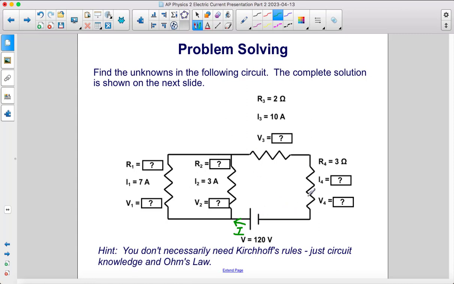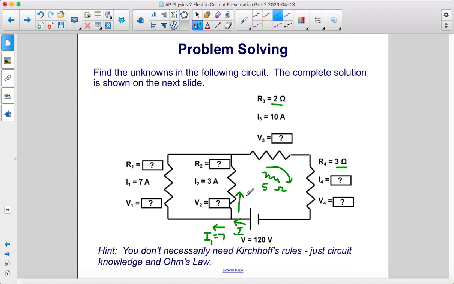Over here, we have 2 resistors in series, which means that they're kind of just like one resistor that has a resistance of 5 ohms. Over here, we don't know the resistances, but we do know the current. So this, I'll call this I1, that's 7.